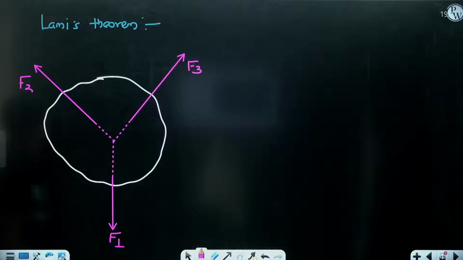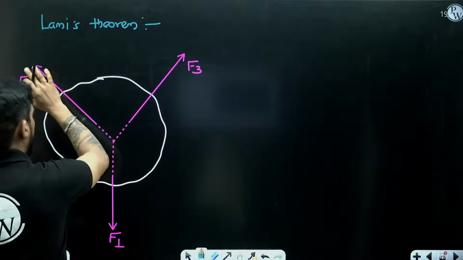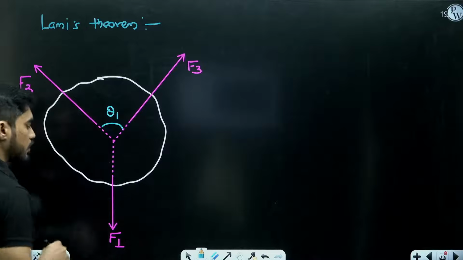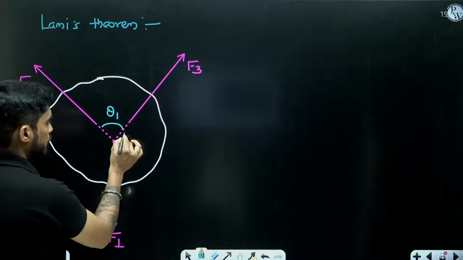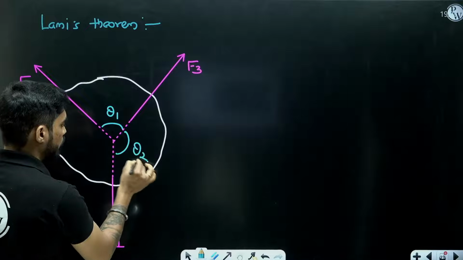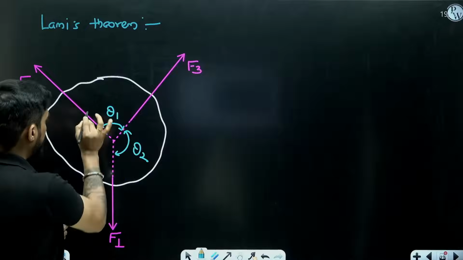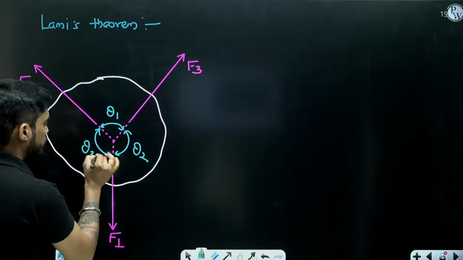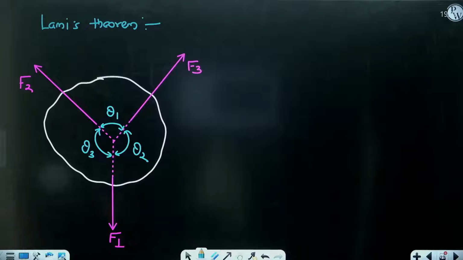Okay. Let's say the angle between F2 and F3 is θ1. The angle between F1 and F3 is θ2, and the angle between F1 and F2 is θ3. Understand how I am taking the angles. The angle between 2 and 3 is θ1.